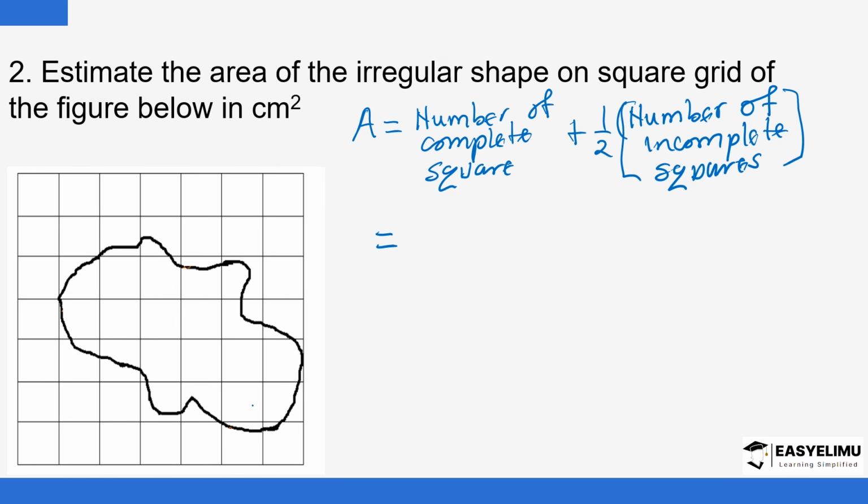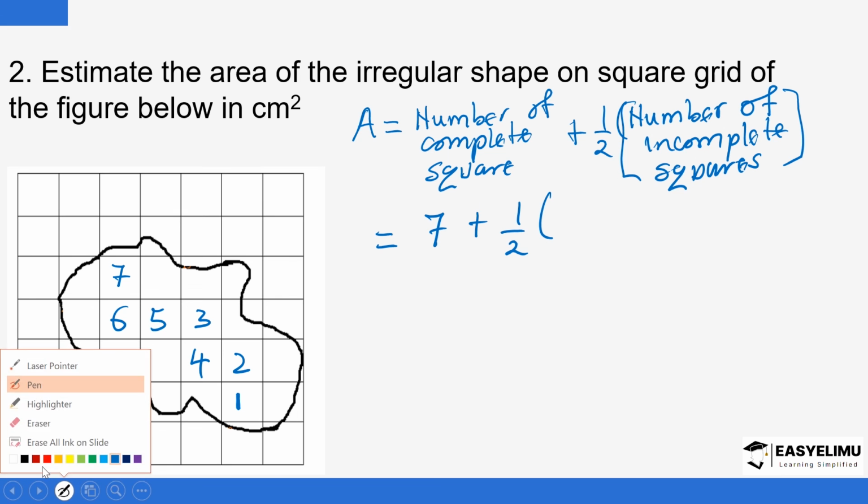So let me start. I have 1, 2, 3, 4, 5, 6, 7. So there are 7, plus half the number of incomplete. So incomplete, let me do it in a different color.